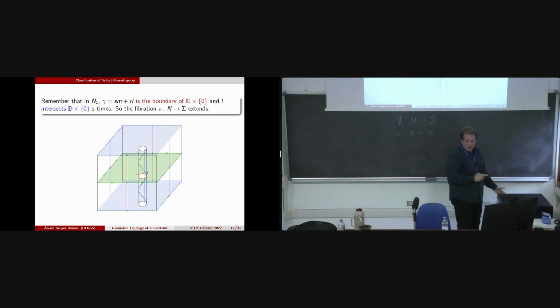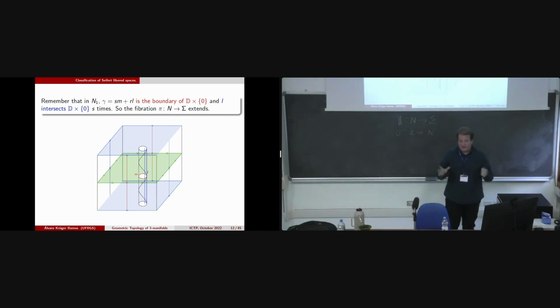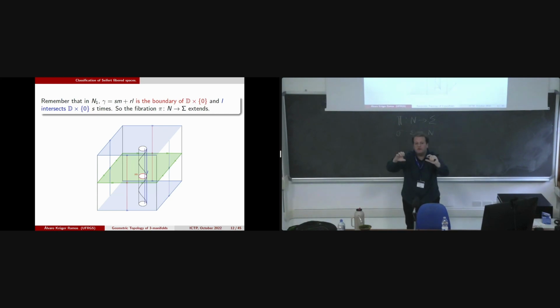So the fibration extends towards this solid torus here, just like the example from yesterday. Yesterday, we had a (p,q) curve in the boundary of a solid torus, and we pushed it to the inside. Because now, from the point of view of the solid torus, that's what's happening. You have some curve on the boundary, and you are pushing this curve to the inside.